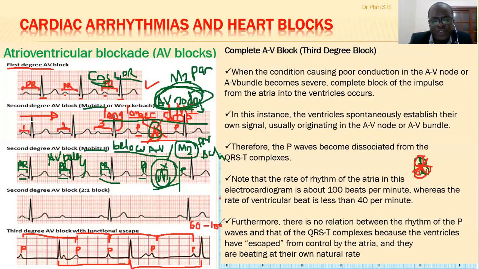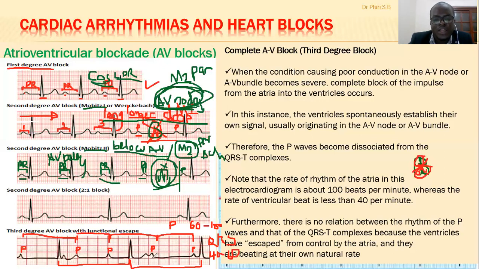But when you check the frequency of QRS complex or R to R, you have less QRS complex. So these are P waves. Then the QRS complex will be less, between 40 to 60. Why? Because the ventricles are contracting on their own.